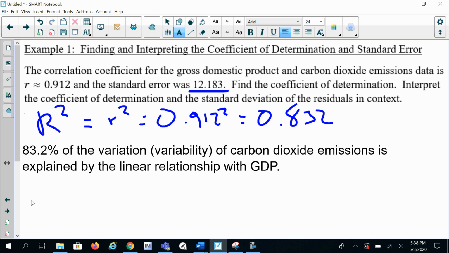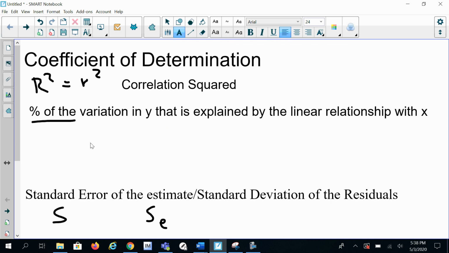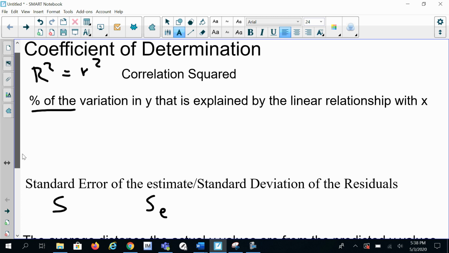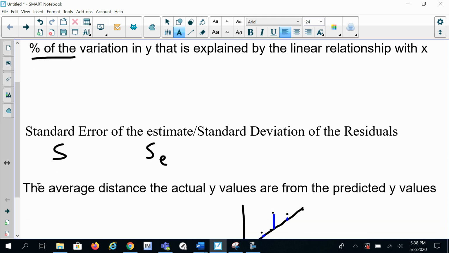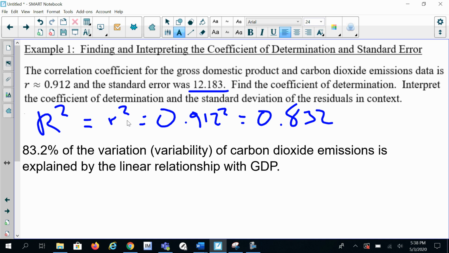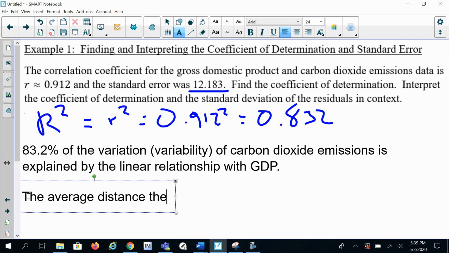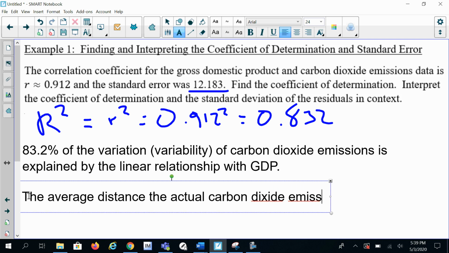So to interpret this, if we go back, we have the average distance the actual y values are from the predicted y values. And then we're going to write is blank. Okay, so if we're going to do that, we would write the average distance, the actual carbon, remember our y is carbon dioxide emissions.